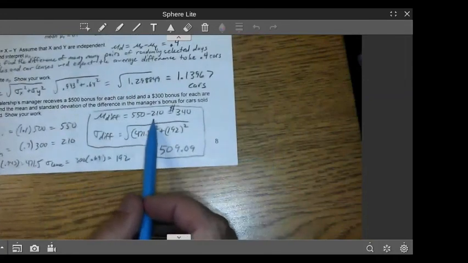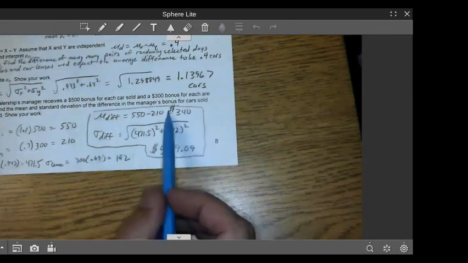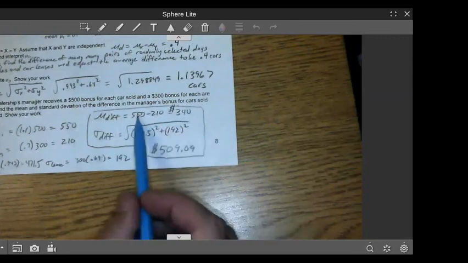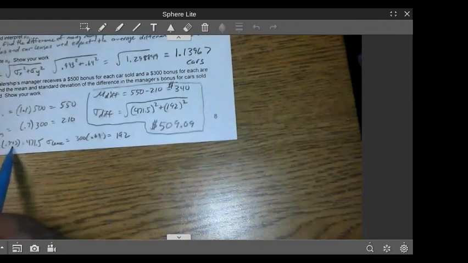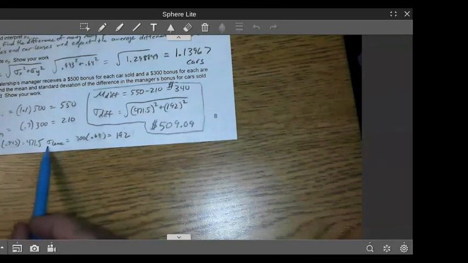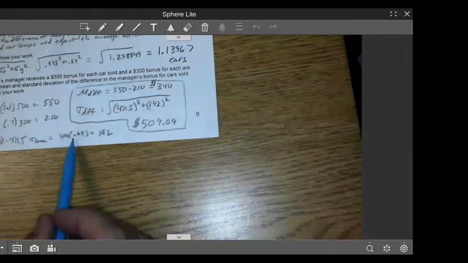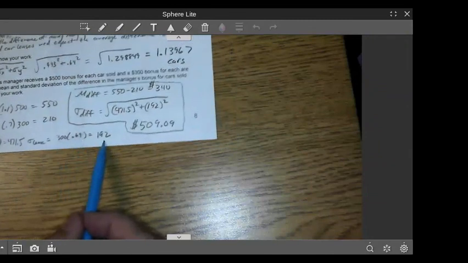Then mu of the difference is just the difference of the mus from before. For the standard deviation, we take 500 times 0.943, and for the standard deviation of the lease, 300 times 0.64. That's how we get those numbers.